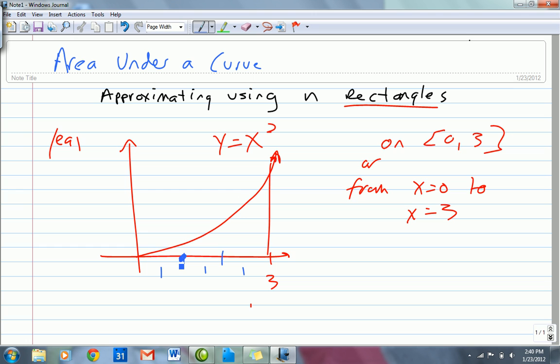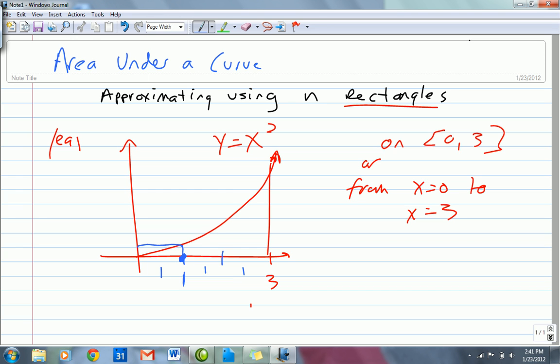That's called tagging, in this case the right endpoint. I'm going to move up to the function, over, and that is one rectangle. So I tagged at 1 the right endpoint of my first subinterval, went up to the function, and that determined my first rectangle.